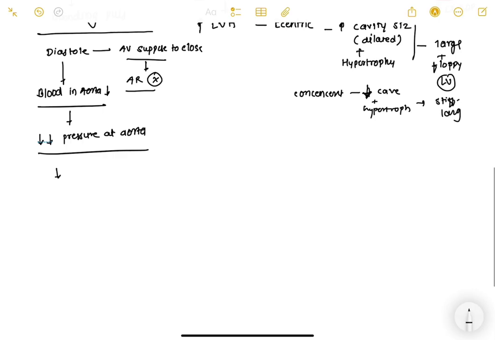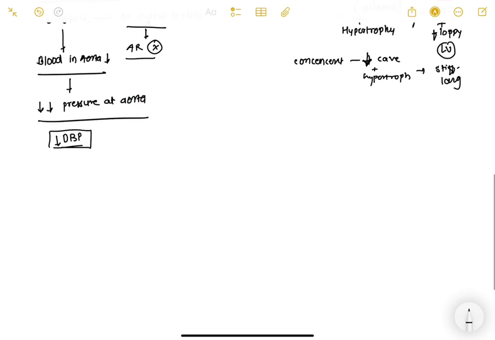So decrease diastolic blood pressure. Now what happens in diastole is, I hope you remember this concept in physiology. The blood supply to the left ventricle is in diastole.